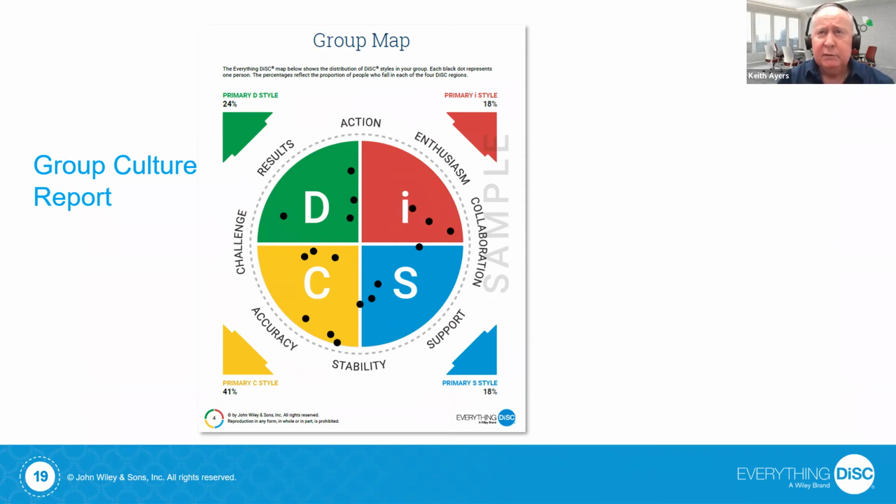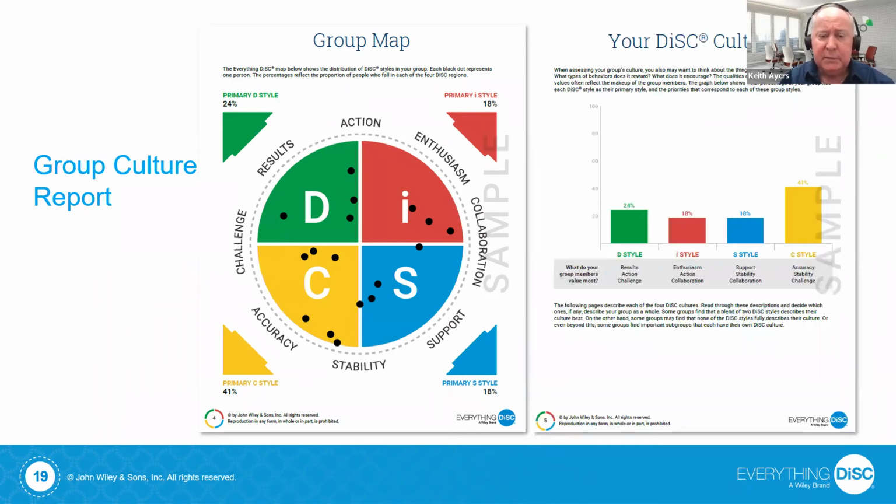We have 24% in D and 18% each in I and S. This also shows the percentage of each of the 4 styles in a different kind of graph, with the priorities underneath to highlight what the differences are within the group.